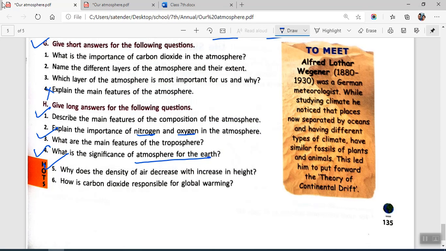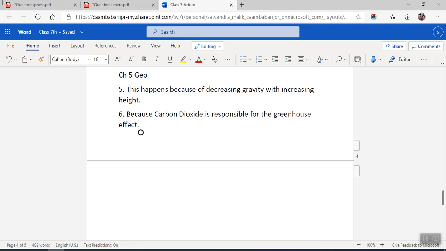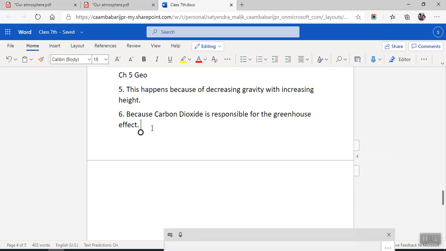Okay, now question number 6 says, how is carbon dioxide responsible for global warming? Because carbon dioxide is a greenhouse gas. Okay, let me just write a little bit more about this.